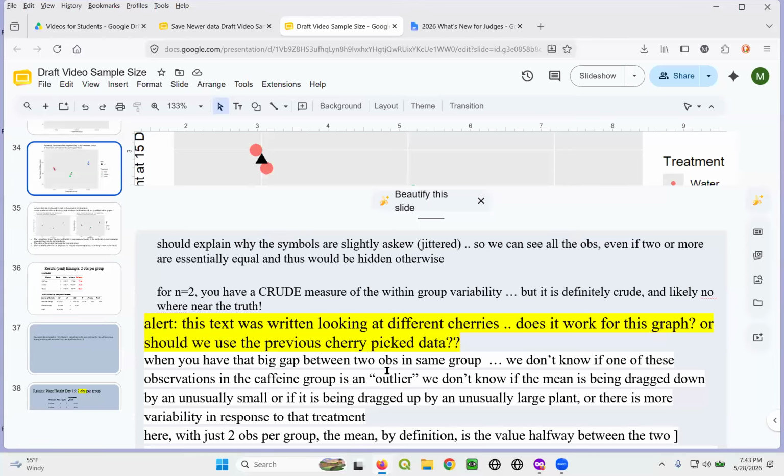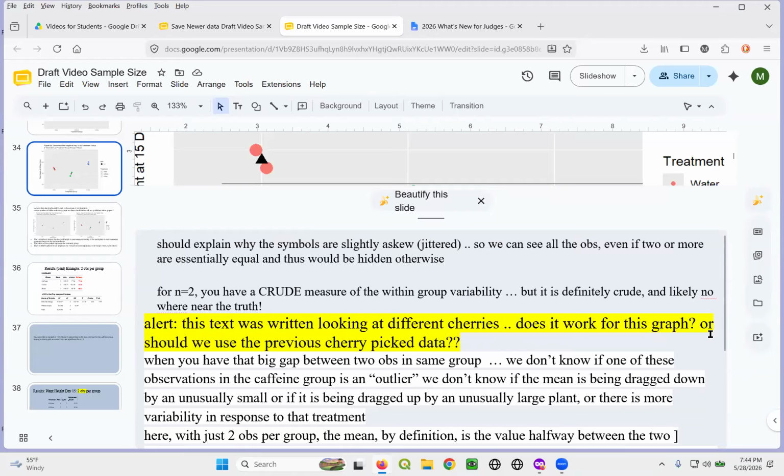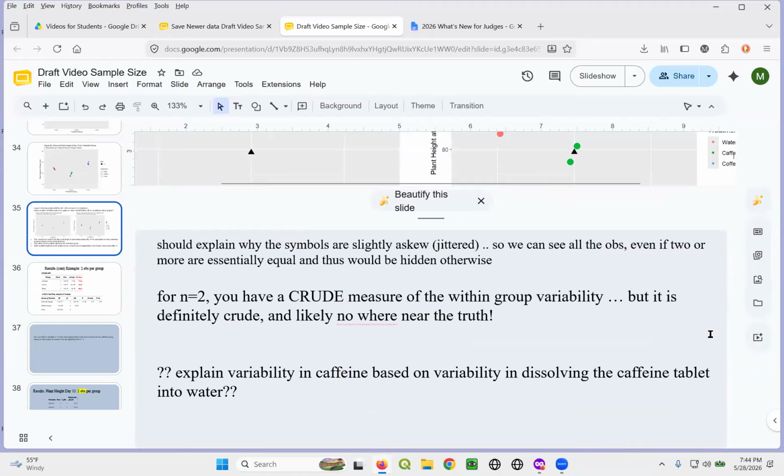Here, with just two observations per group, the mean, by definition, is the value halfway between the two.